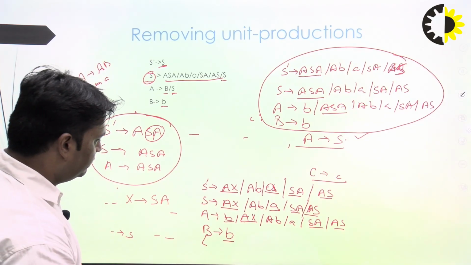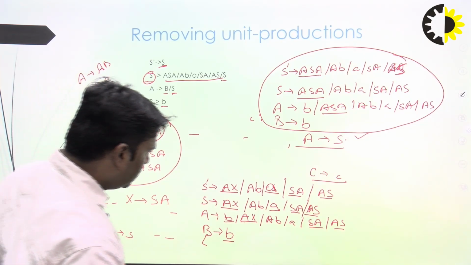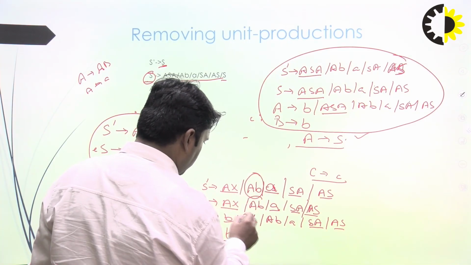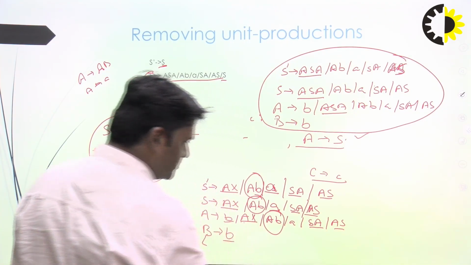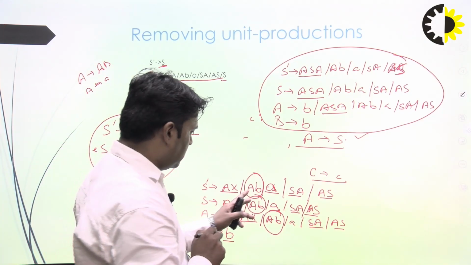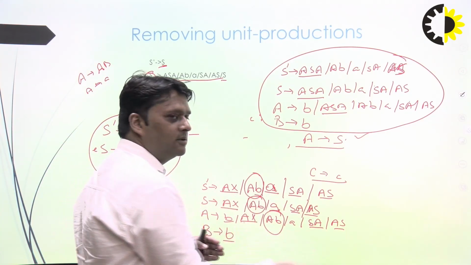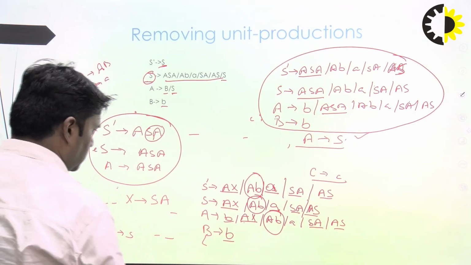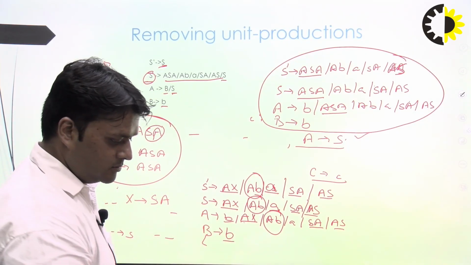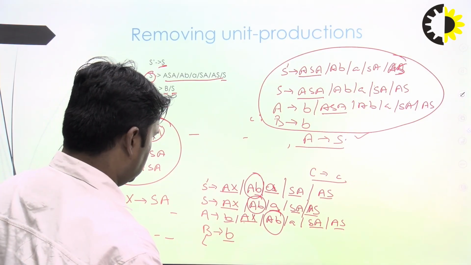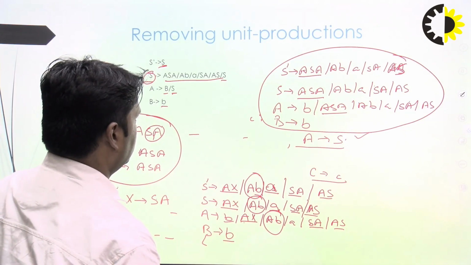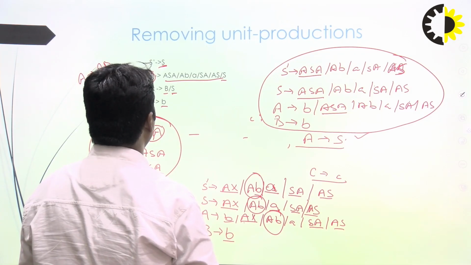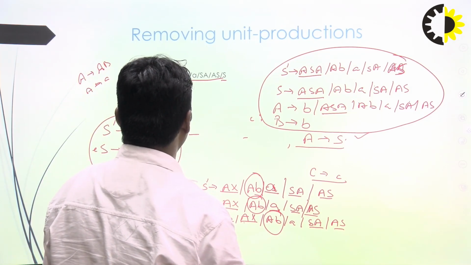Those that are not in CNF are these productions, because here there is a non-terminal, then a terminal, so we have to remove this. A B, B C A.